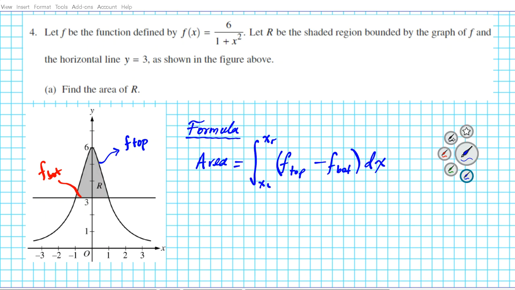Okay, so let's go ahead and apply this formula to this scenario that we're dealing with right here. So x on the left is the lower of the two. This right here, if we trace it down, we see that x left is negative 1, and then the right endpoint of our interval is positive 1, so x right is positive 1.